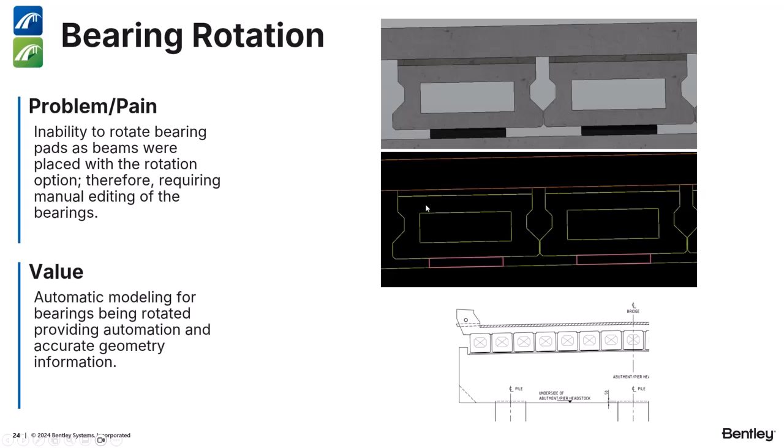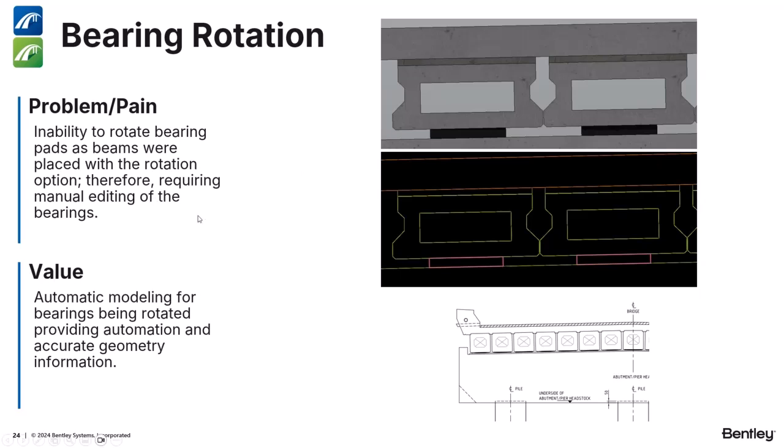Another option that we add for bearings, right, is the option to rotate the bearings, right? So when we place the beams using the beam rotation option, following the deck slope, right? So then the bearings will not rotate. Now they do, right?